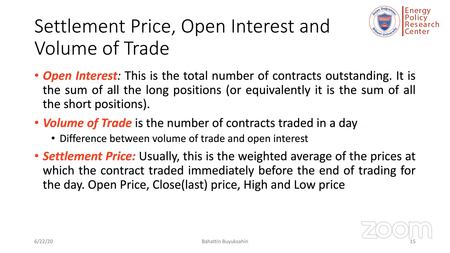And open interest will decrease by one contract if both traders are closing an existing or old position, one old buyer and one old seller. However, if one old trader is passing off his position to a new trader, basically one old buyer sells to a new buyer, open interest will not change because the number of existing contracts stays the same. But there is a new volume. So volume of trade changes, but not open interest.